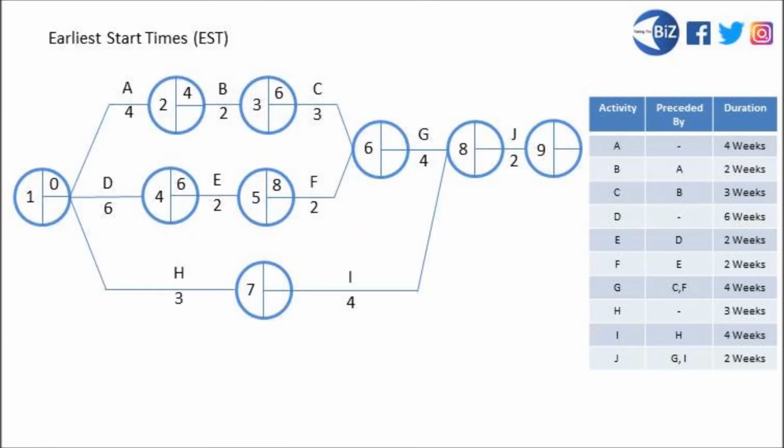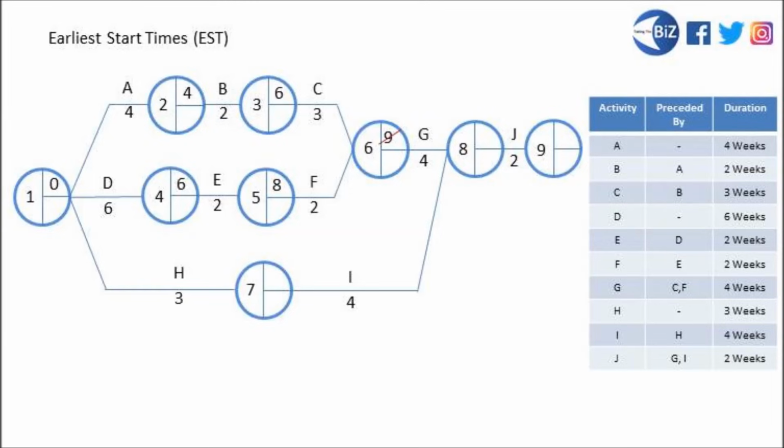We could take the earliest start time of activity C, which is 6 weeks, and add on the duration of activity C, which is 3 weeks, and have 6 plus 3, which equals 9. But that would be a lower number than if we had a look at the middle stem. And if we took activity F's earliest start time of 8 weeks and added on the duration of 2 weeks, that number would actually be 10. And with our earliest start times, we always go with whatever is the largest option.